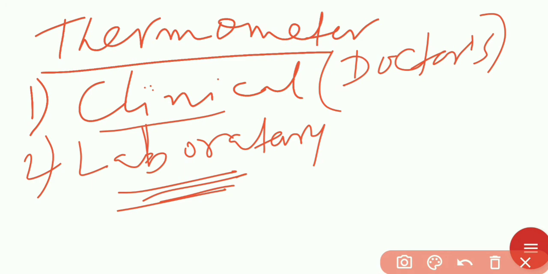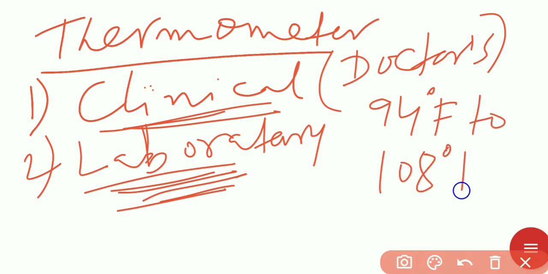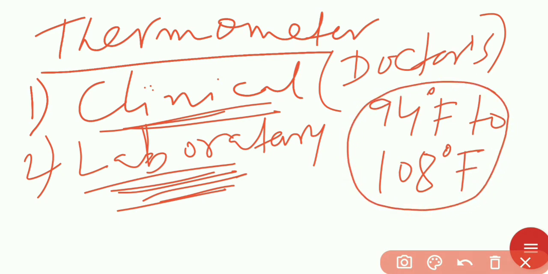In this, what is the most important thing? The range of the clinical thermometer and the range of the laboratory thermometer. The clinical thermometer range is 94 degree Fahrenheit to 108 degree Fahrenheit. Remember this one, very important.